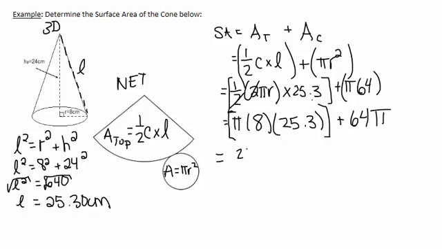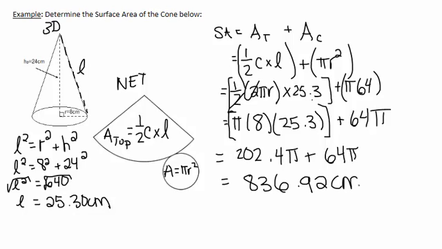So we're left with 202.4 pi plus 64 pi, which ends up being 836.92 centimeters squared. And that is the surface area for the cone pictured above.